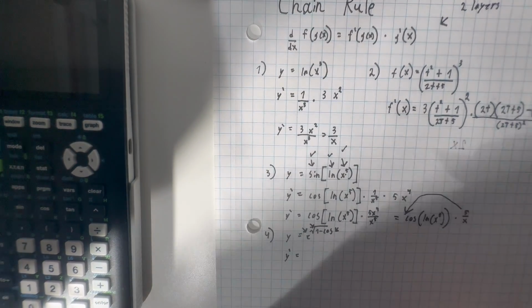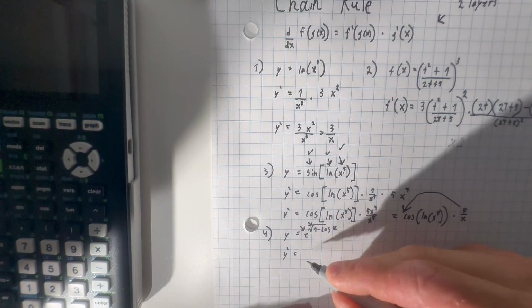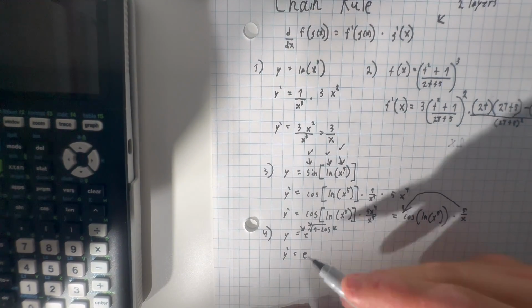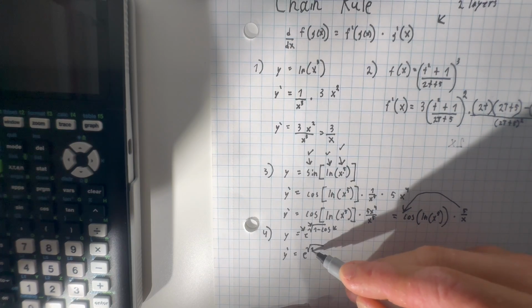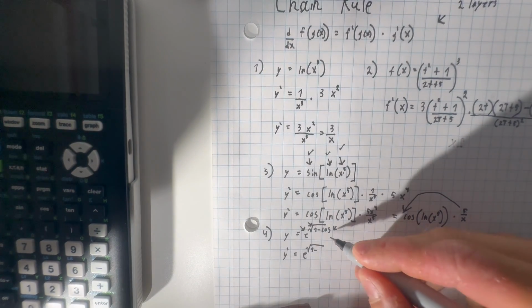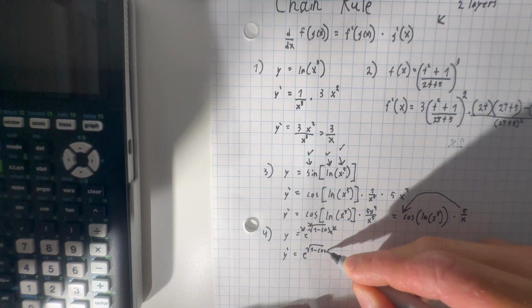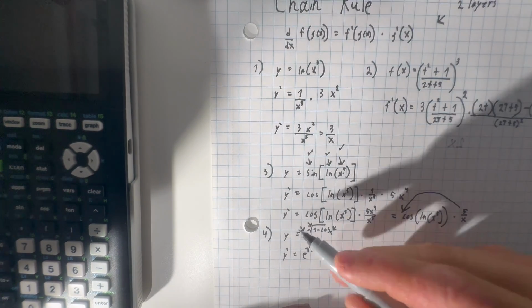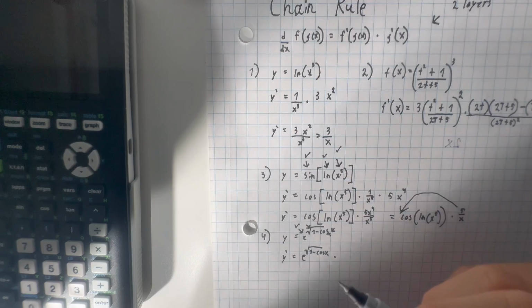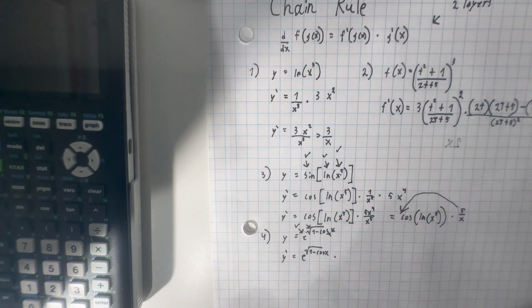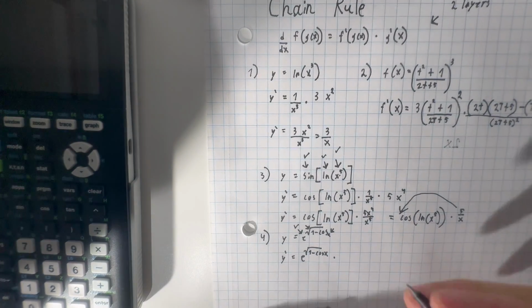So again, the derivative of e to the x is just e to the x. And in this case, since our x is just this whole square root, it simply goes like this: e to the square root of 1 minus cosine of x. Okay, we got our first layer. Now our second layer is the square root of 1 minus cosine of x.